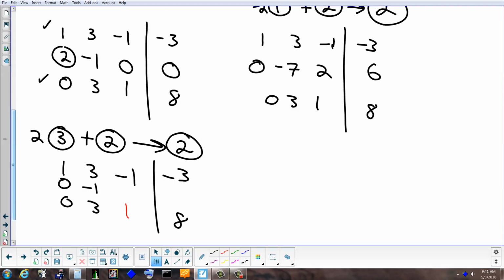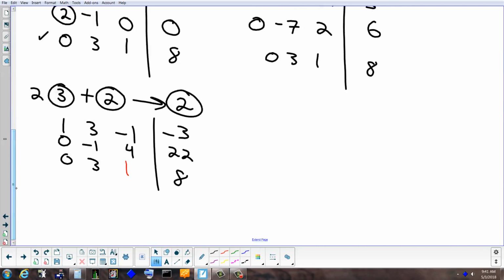If you got a -1 there, that's almost as good as having a 1. Pretty good. All right, 2 times 1 is 2, plus 2 is 4. 8 times 2 is 16. 16 plus 6 gives me 22. All right, now, what would I have to do to get a 1 in the second row?